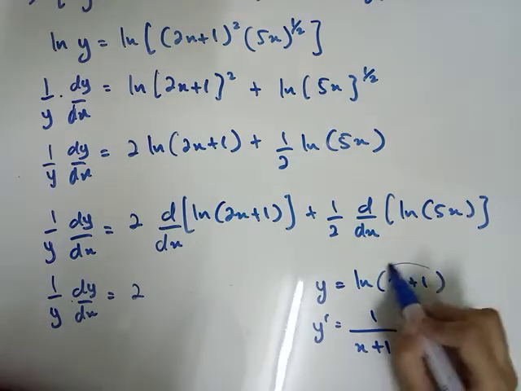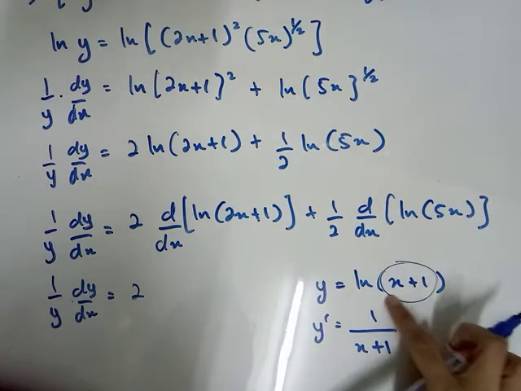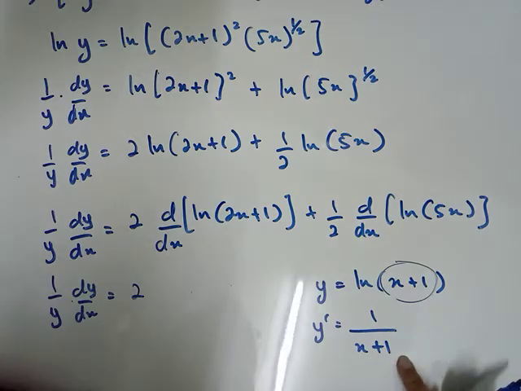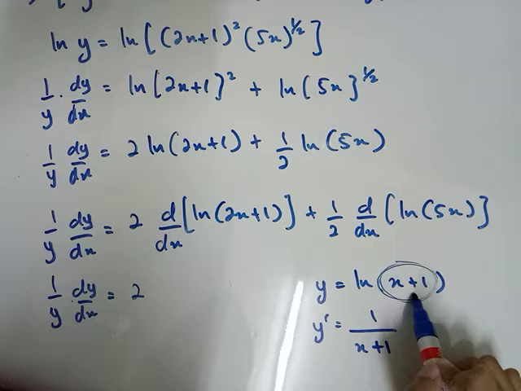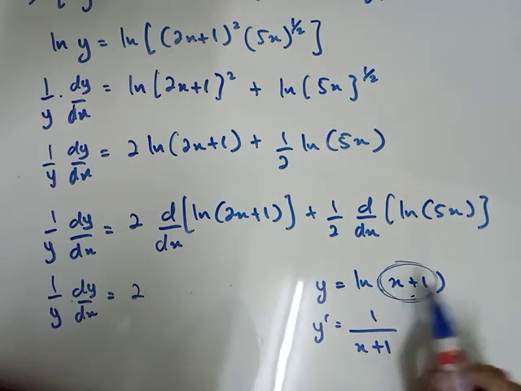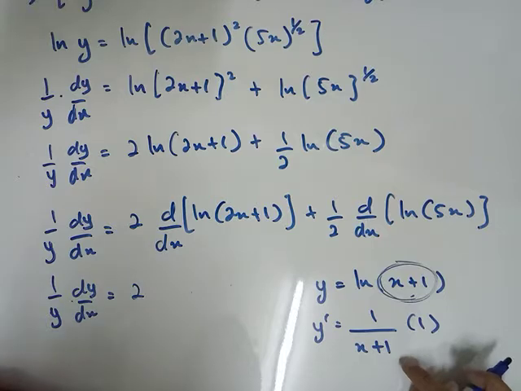And then differentiate yang dalam ni. First you differentiate the ln, you get 1 over x plus 1, and the second one, you need to differentiate yang dalam bracket ni. Differentiate x, you get 1. So the answer is 1 over x plus 1.